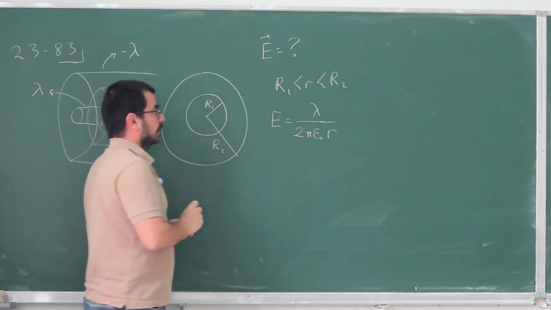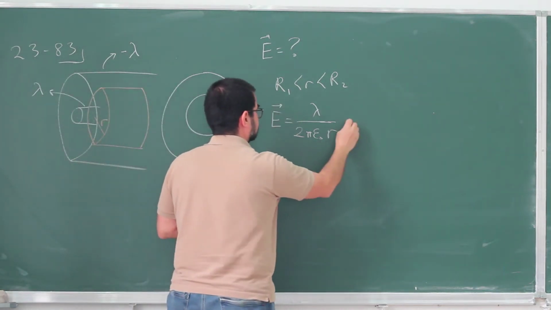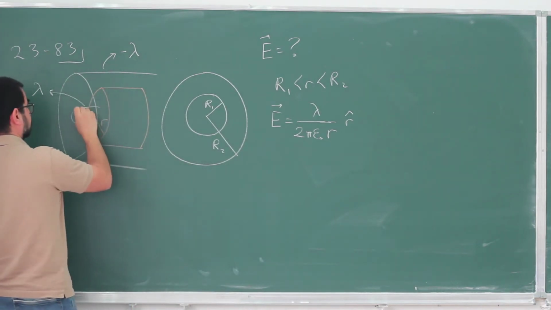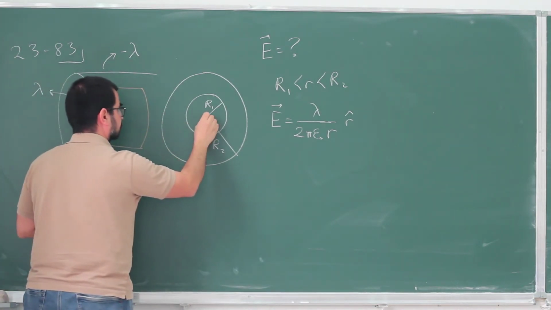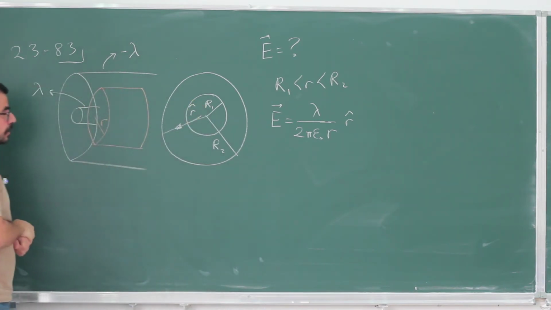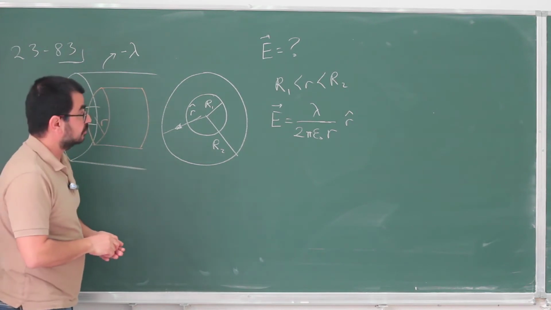Okay? And if you want to give the direction, you can just say this is radially outward, the radial vector being this way. Let's just draw it this way. Right. Something like this.